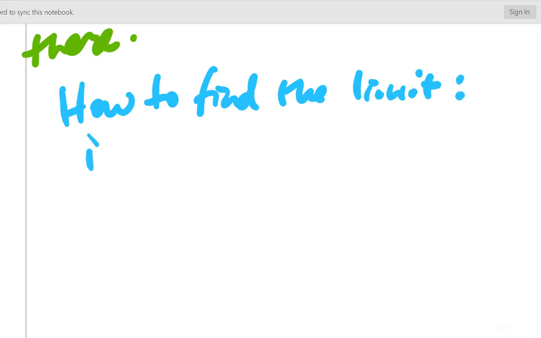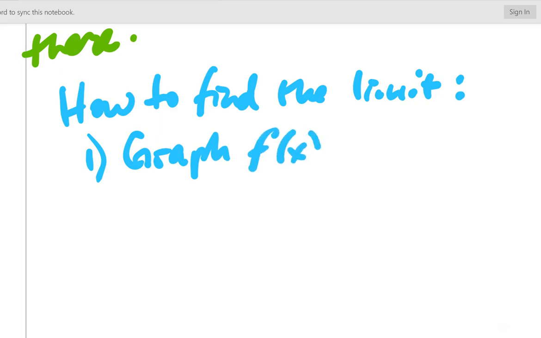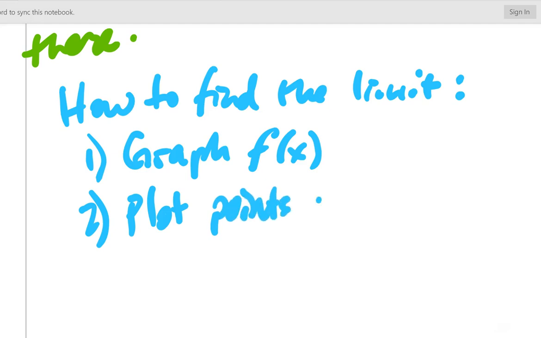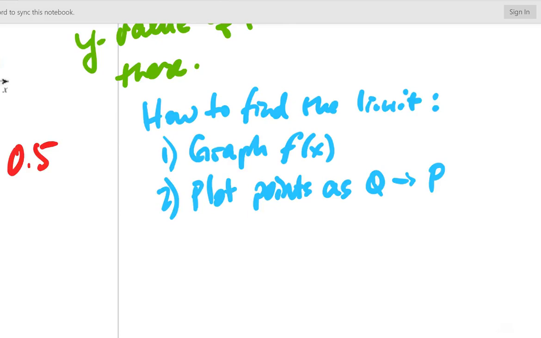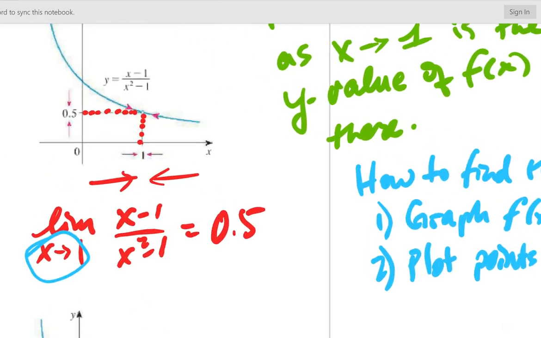One thing is to graph it, graph f(x). Another way is to plot points as Q goes to P. In this case, P will be the value here, P is going to be this guy right there.